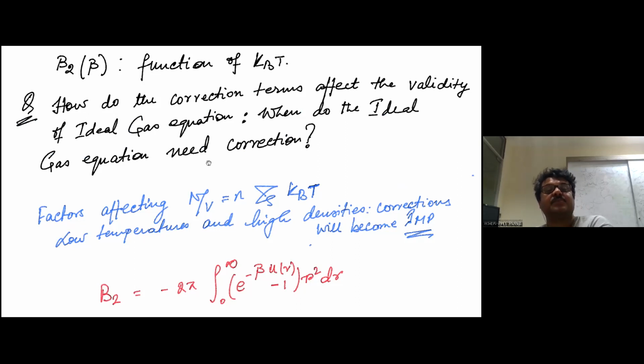When does the ideal gas equation need correction? The factor affecting the validity of the ideal gas equation is n by V. If n by V is more, you have to consider interaction terms, and the first thing you consider is the second virial coefficient.